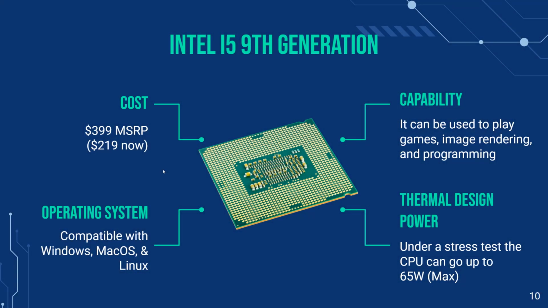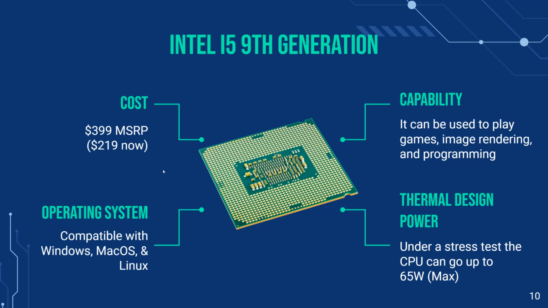Our Intel system, I would say, is our medium-cost processor since it starts at $399. But again, it's a few years old, so the price has come down to $219. This processor can work with Windows, Mac OS, or Linux.